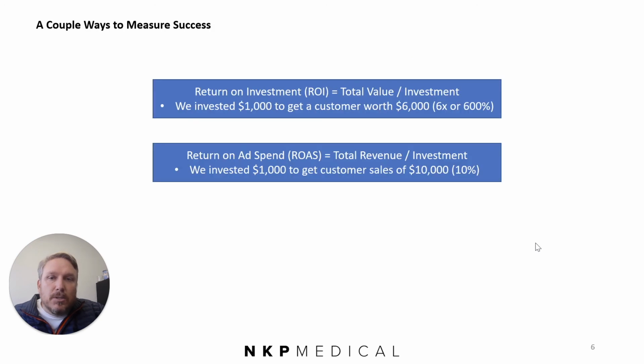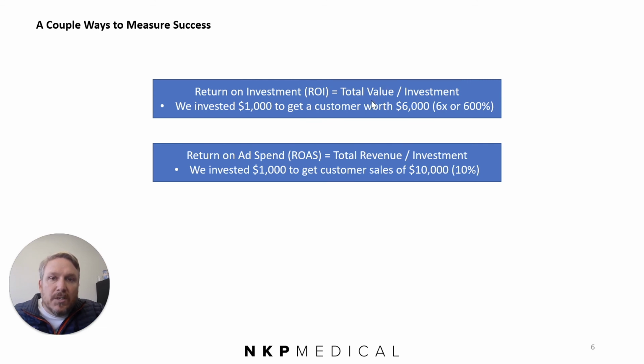And then I'm going to introduce just the last thing, which is a couple of different ways to measure success, or to step back to 30,000 feet and say, is this working? One metric that you can use is return on investment. This is just looking at the total value of a customer divided by how much you had to invest to get them.